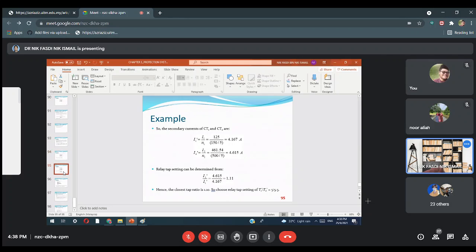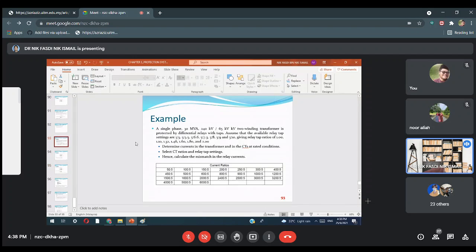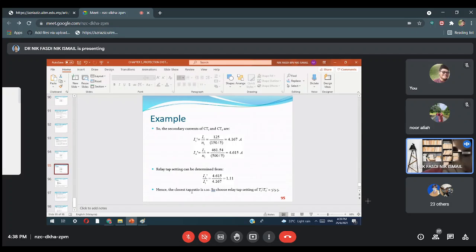Mana dia? Yang paling hampir lah kan. So the ratio between this primary and secondary current for the current transformer is 1.11. So back to this question okay, yang paling hampir ialah this one, 1.10 tu maksud dia. Yang ini that's why kat sini dia kata cross set ratio is 1.1.